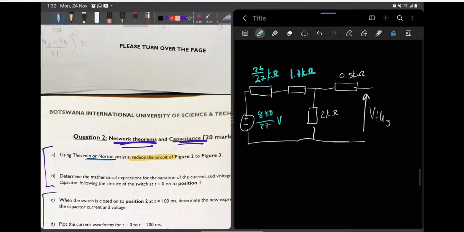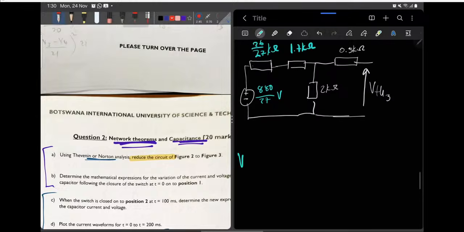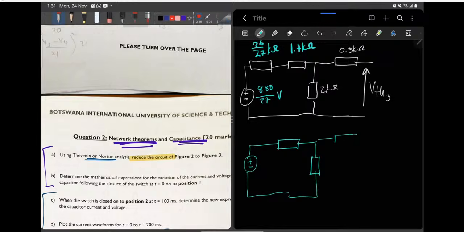Now let's go ahead and do that. To get V Thevenin number 3, it is again the voltage divider. But first let's add those two. So we're going to have a new circuit, plus minus. So here we have it as 2 kilo ohms.